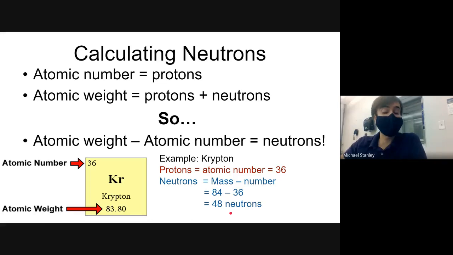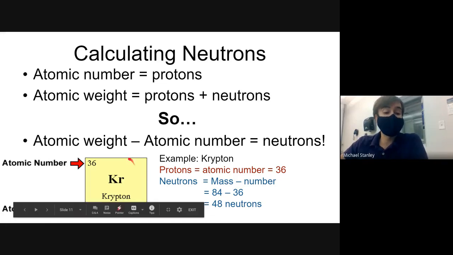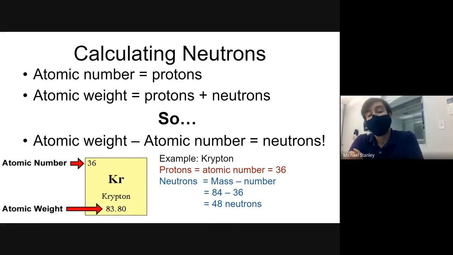And again, we were able to figure out these numbers just based on these two pieces of information from the periodic table. The atomic number and the atomic weight we can use to figure out how many protons and how many neutrons are in an atom.